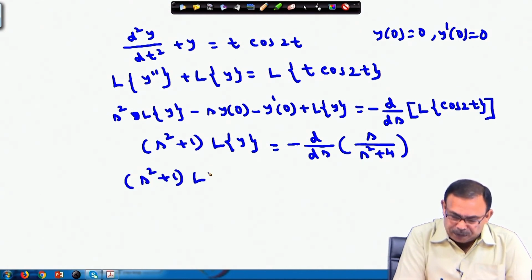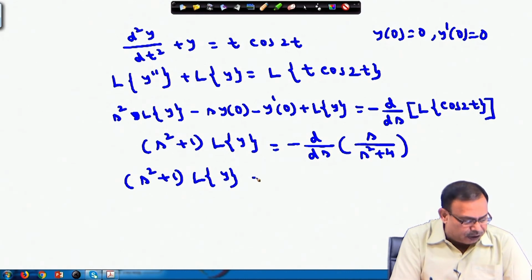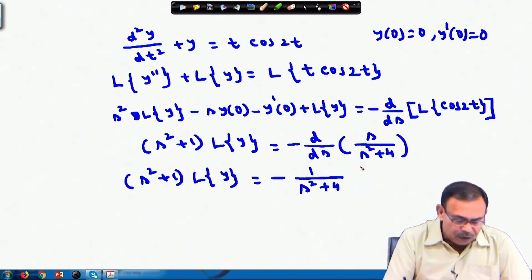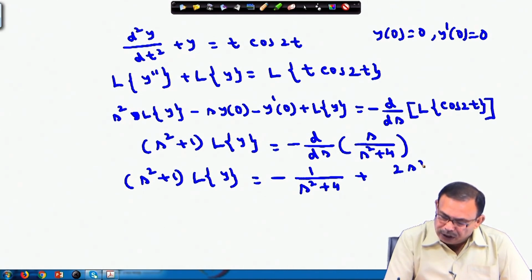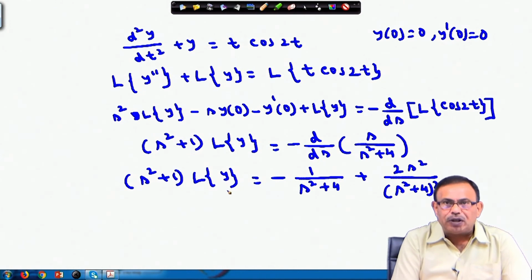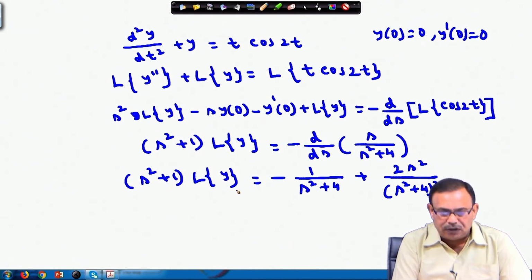So, let me see Laplace transform of y. This is equals minus 1 by s square plus 4 plus 2 s square by s square plus 4 whole square. I will obtain this. So, now Laplace transform of y you can write very easily.